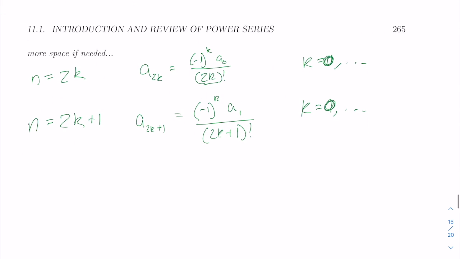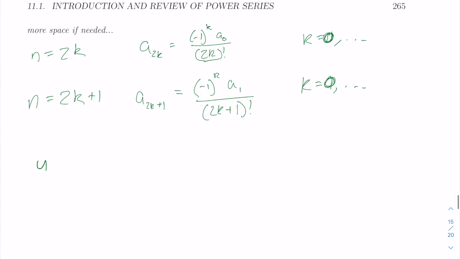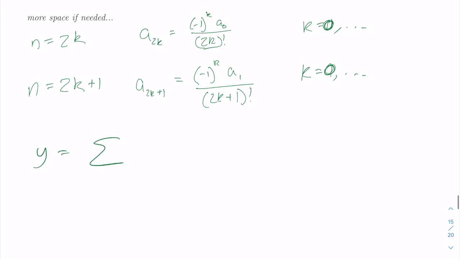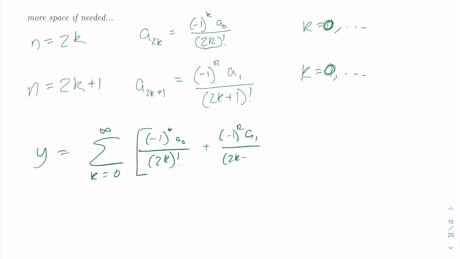Well, I have split up my series solution as y equals the sum from k equals 0 to infinity of all this stuff. So it's these two things: negative 1 to the k a0 over 2k factorial, plus negative 1 to the k a1 over 2k plus 1 factorial.